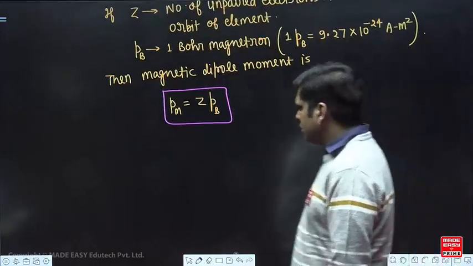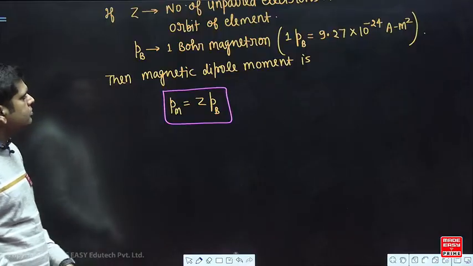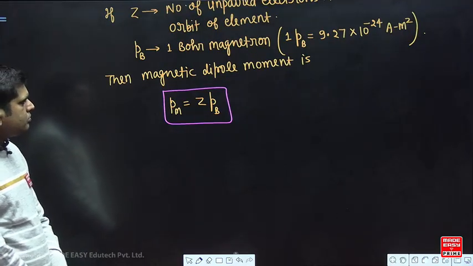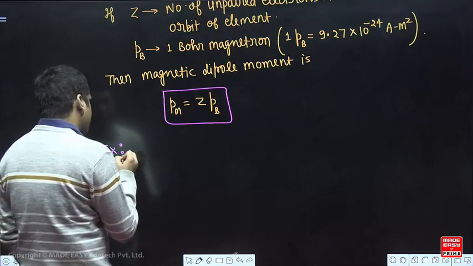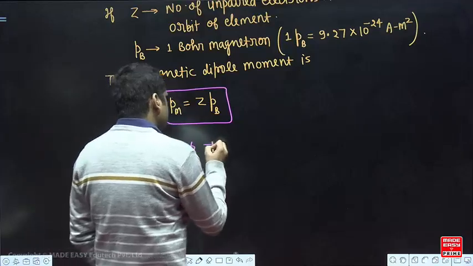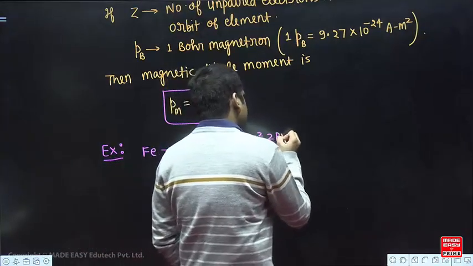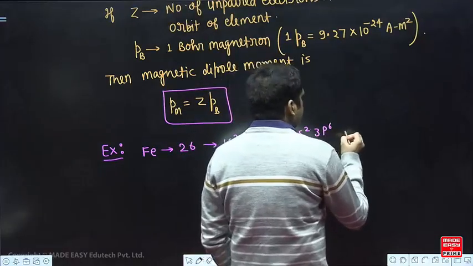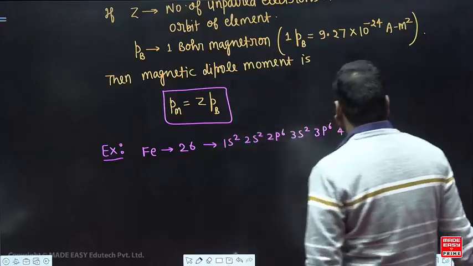Now you see, Pm is Z into Pb. As an example, let us suppose I talk about iron. Iron has atomic number 26. So its configuration is 1s2, 2s2, 2p6, 3s2, 3p6, not 3d, first 4s2 is filled and then 3d6, like this.